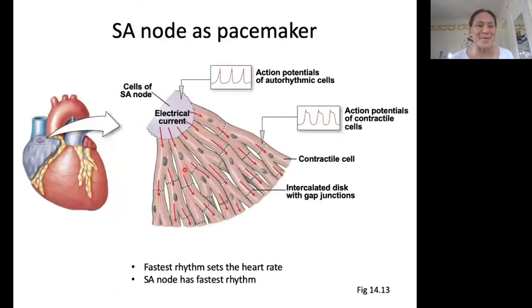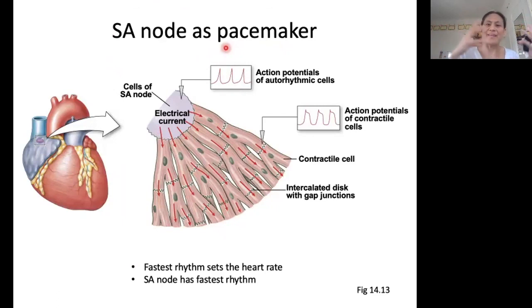One last thing that I want to say about the conduction of the electrical signal through the heart is that the SA node acts as the pacemaker of the heart. It determines the heart rate, okay? I'm not going to go into great detail about this. We'll talk about this more in class, but basically the SA node is going to set the rate at which all of the other cells in the heart have their action potentials.